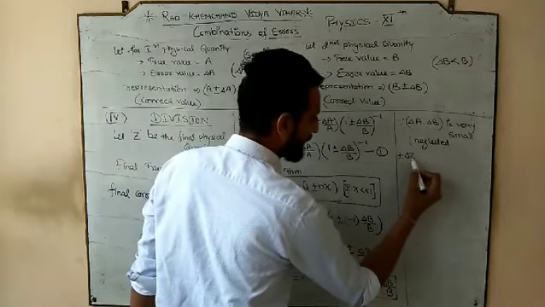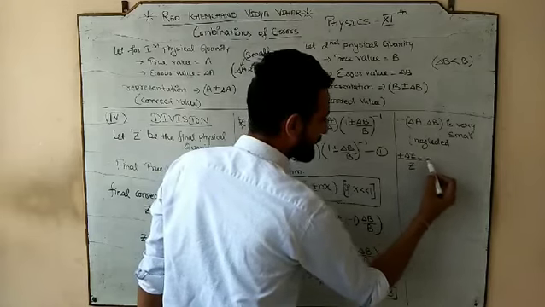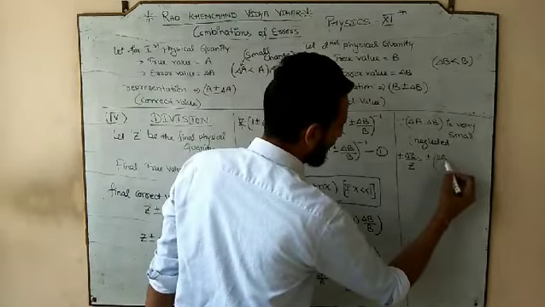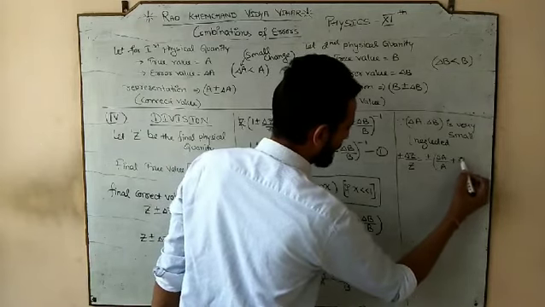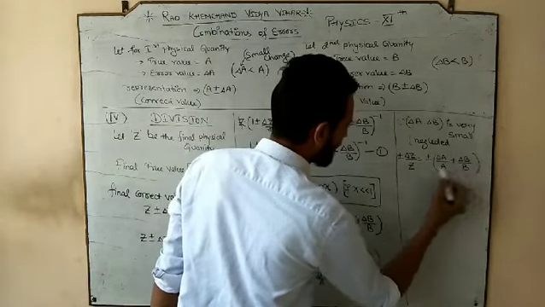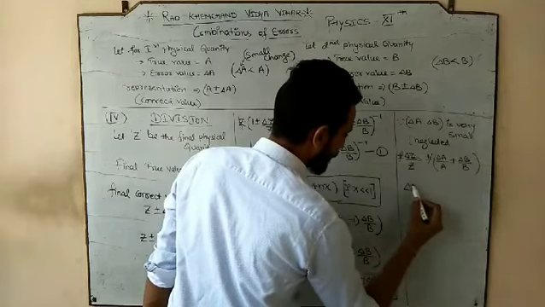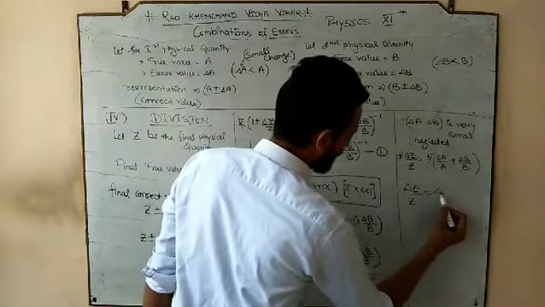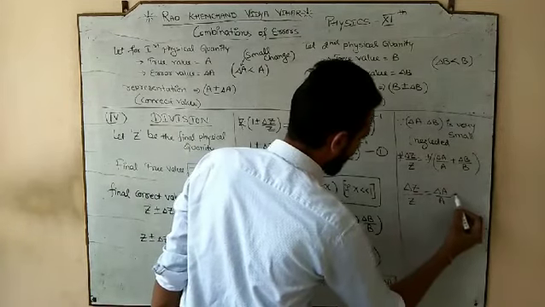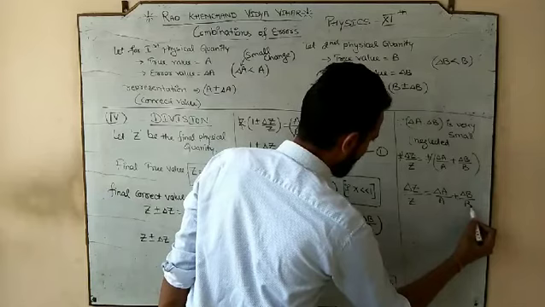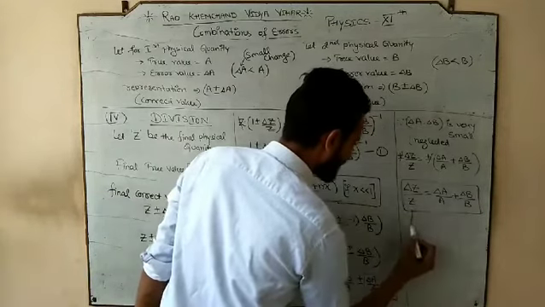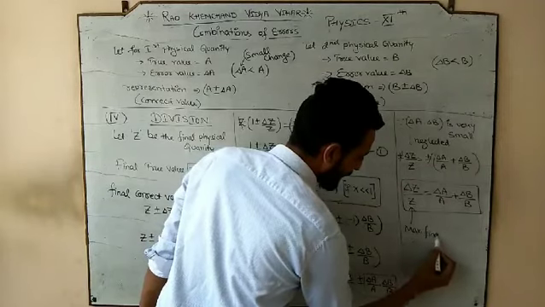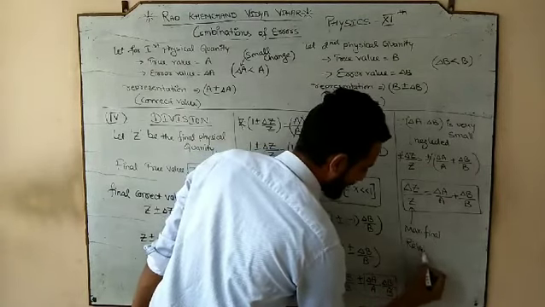Plus minus delta z by z is equal to, plus minus would be taken as a common, delta a by a plus delta b by b, and plus minus cancel. And what is the final conclusion we got? Delta z by z is equal to delta a by a plus delta b by b, and this is your what? Maximum final error? Relative error.